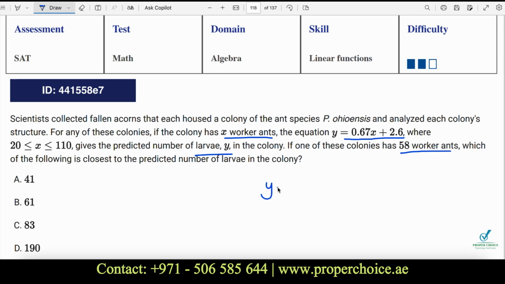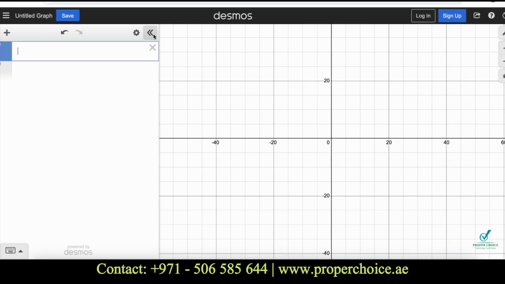So y equals, substitute x as 58, that's it. So y equals 0.67 times 58 plus 2.6. Type it on Desmos, which gives us 41.46.